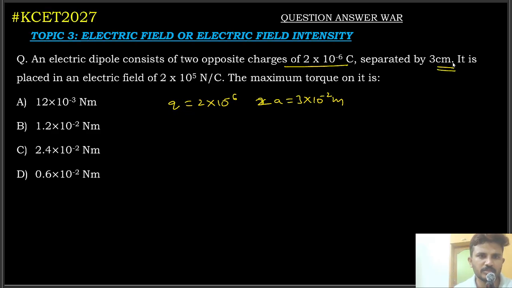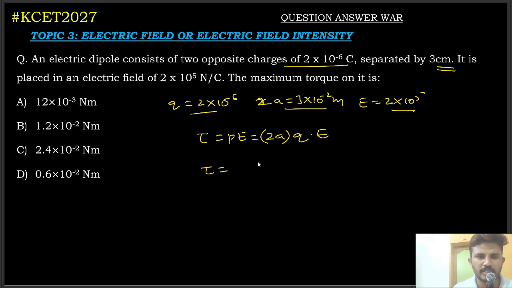It is placed in uniform electric field E equal to 2 into 10 to the power 5. Find the maximum torque, that is P into E. P is 2a into q, into E. Q is given, 2a is given, E is given. Just multiply that, you will get the answer. Will you solve it? Yes, sir.